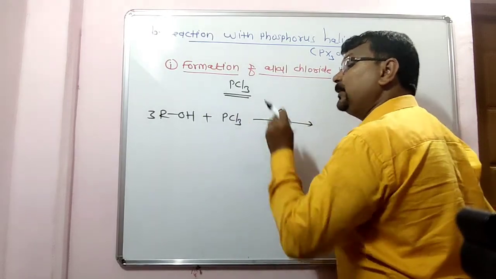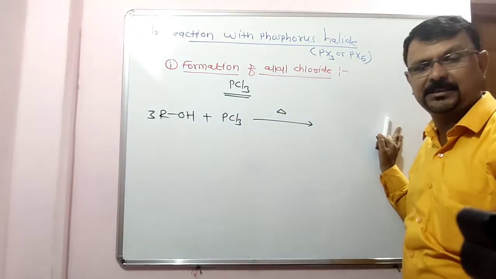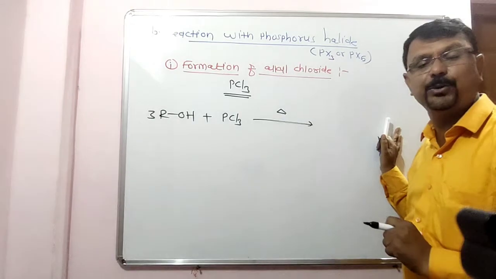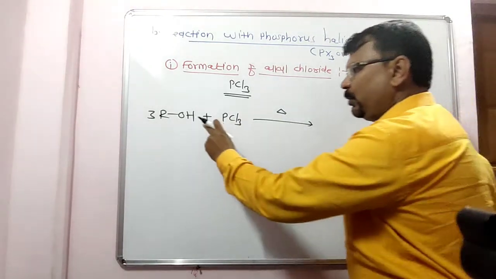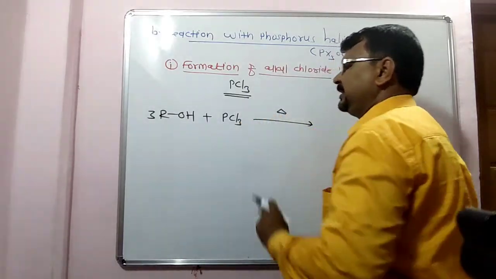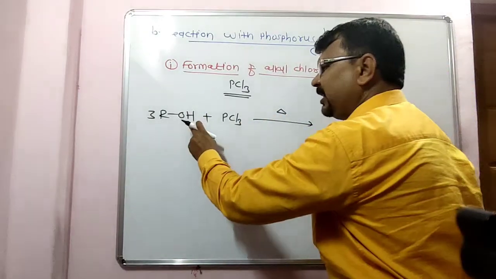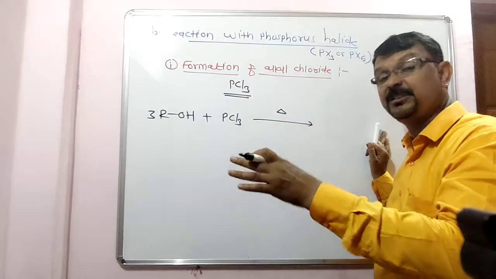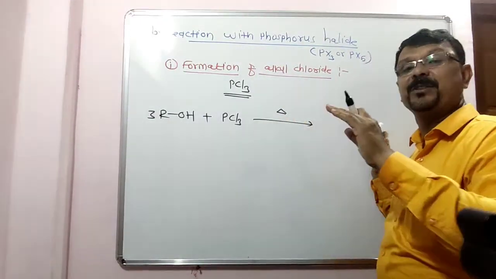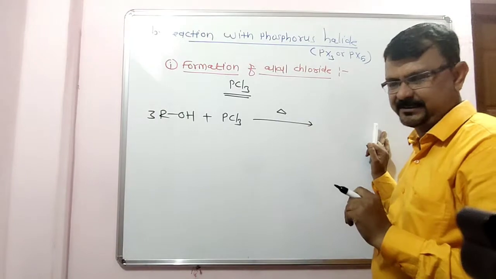The reaction is a nucleophilic substitution reaction. Why is it called a nucleophilic substitution reaction? The OH minus ions are replaced by Cl minus ions. How many OH here? 3. How many Cl? 3. 3 OH minus replaced by 3 Cl minus.